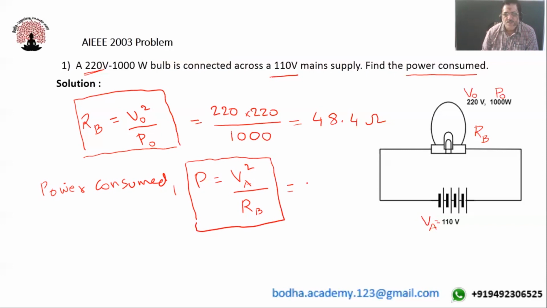So that's 110 into 110 divided by the resistance of bulb we determined as 48.4 ohms. On simplification we'll get 250 watt.